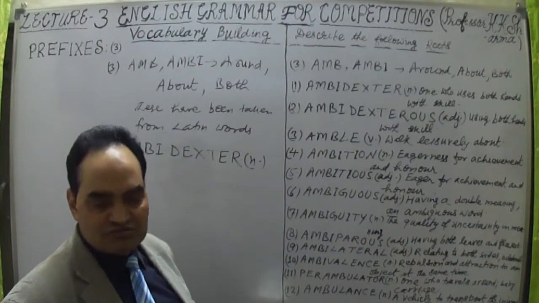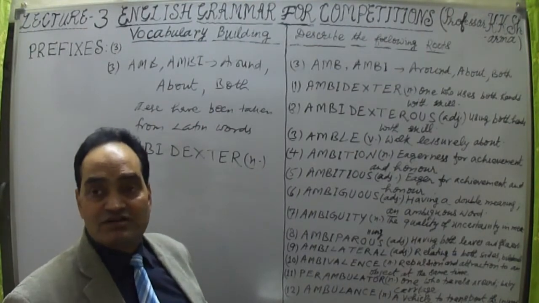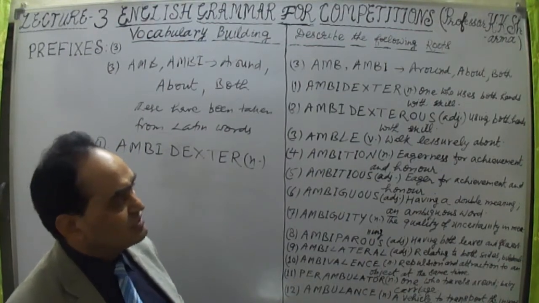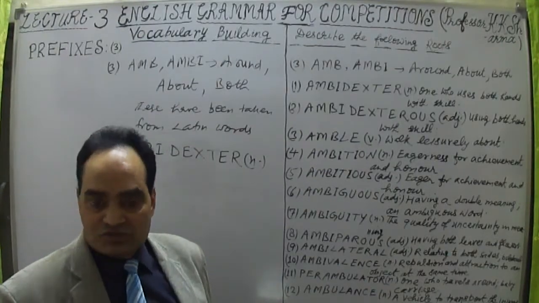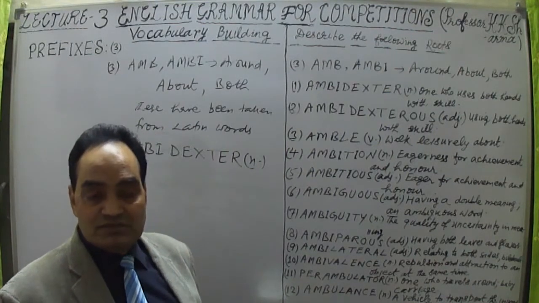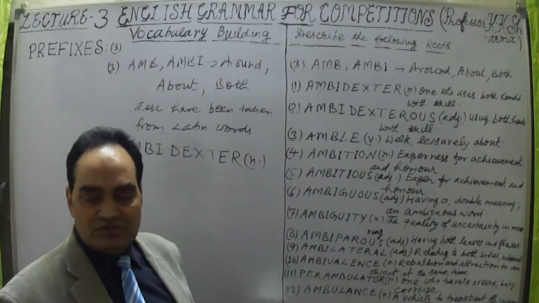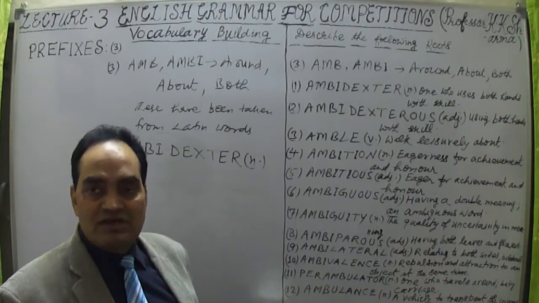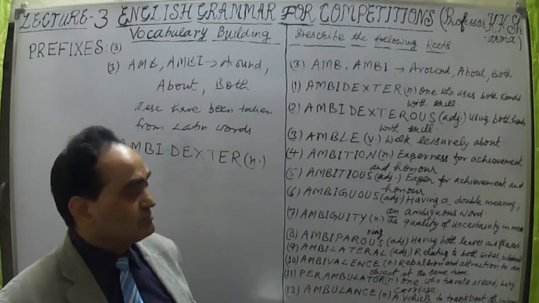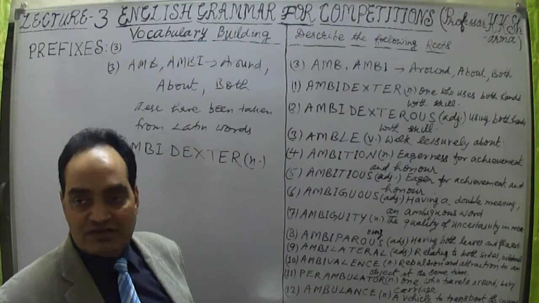The person who can use both his hands as right hand. Most people use their right hand, but if a person is using the left hand also as right hand, then the person is ambidexter. So ambidexter is a person, noun, and ambidextrous is adjective.